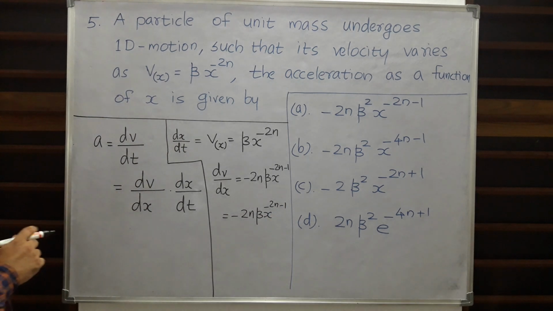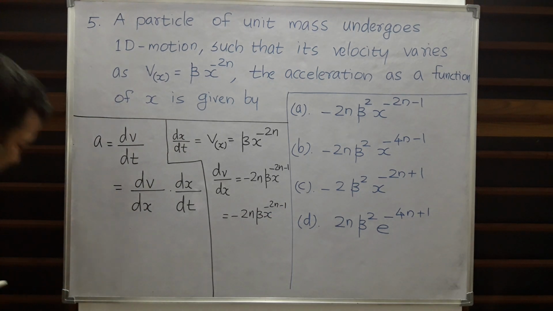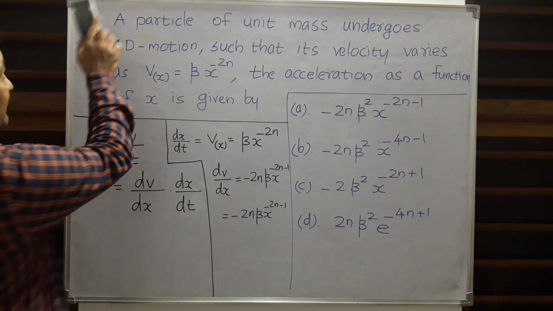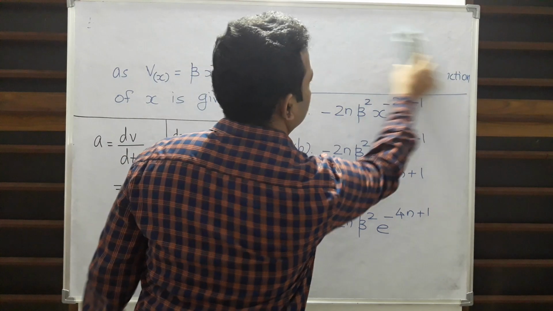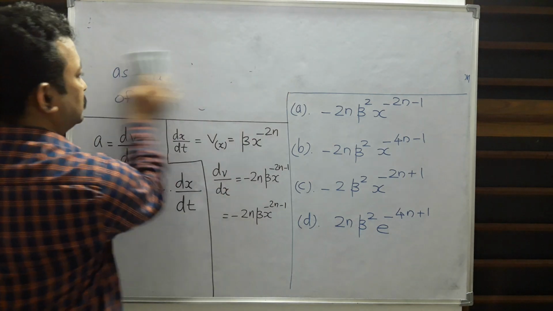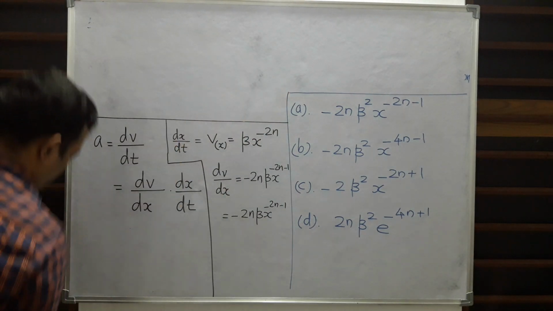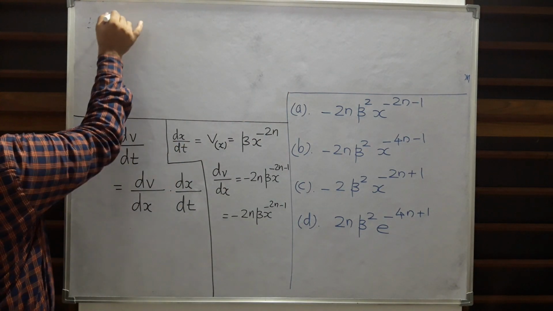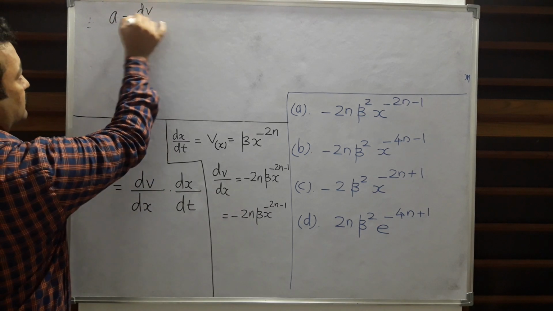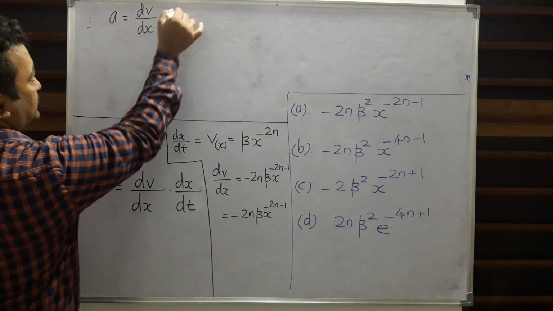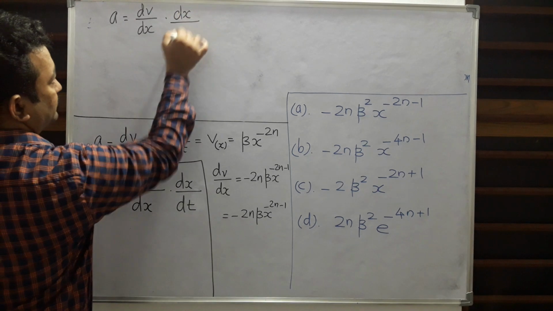Substituting in this expression, my acceleration is dv divided by dx times dx divided by dt.